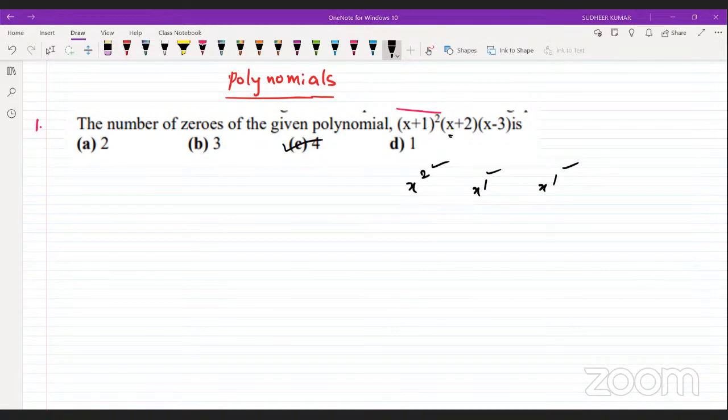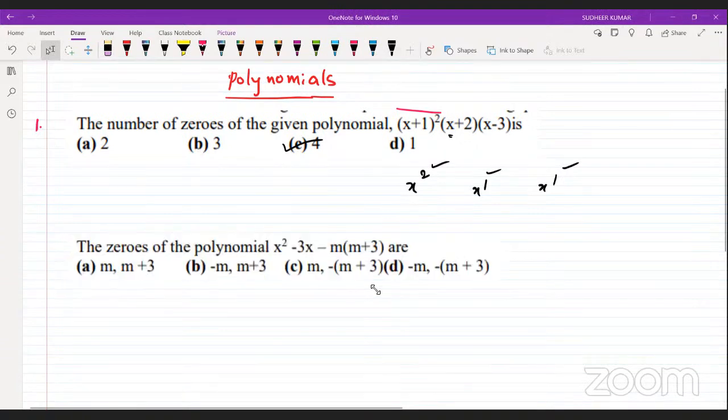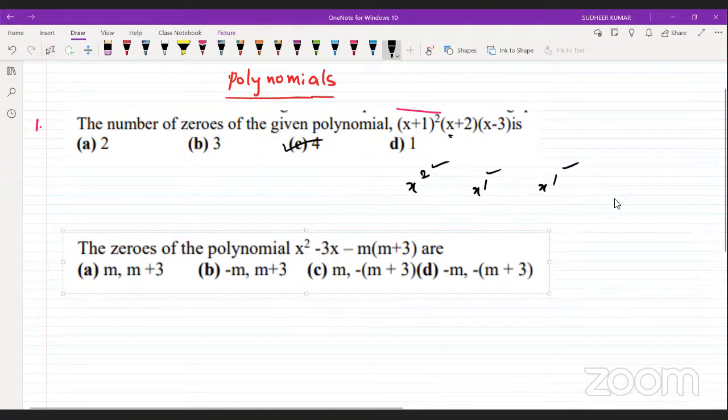And we'll see the next one. So this is the next one. The zeros of the polynomial x square minus 3x minus m times of m plus 3 are.